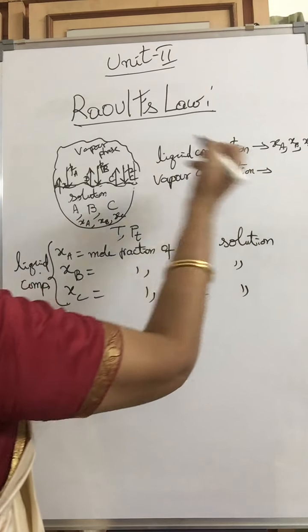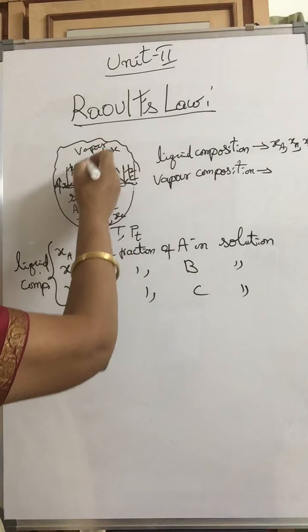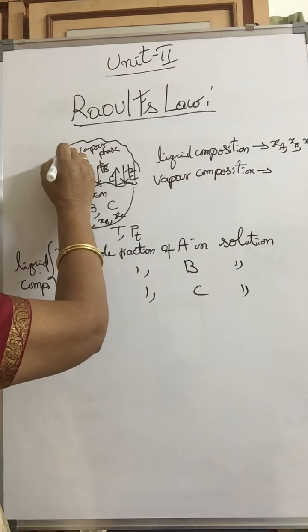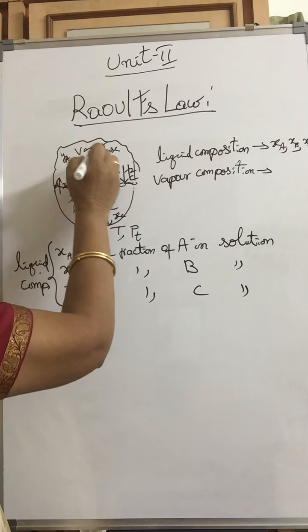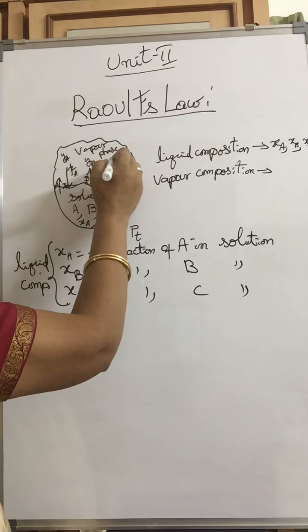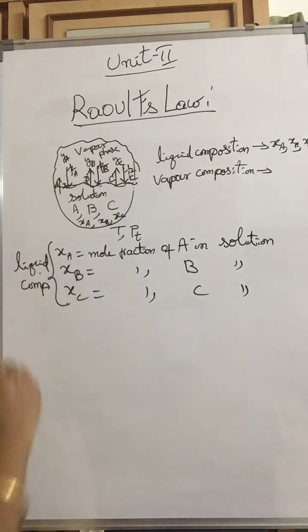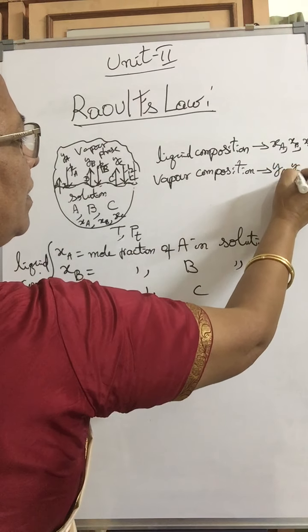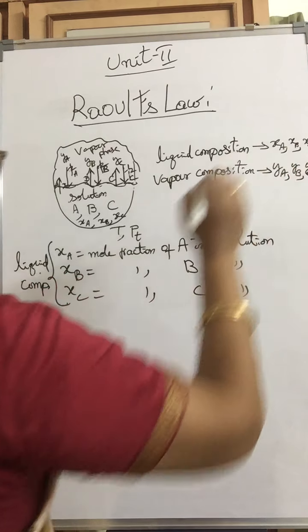After the vapor phase is formed, you will have some amount of A which is represented by YA, here YB, and here YC. So your vapor composition is YA, YB, YC.